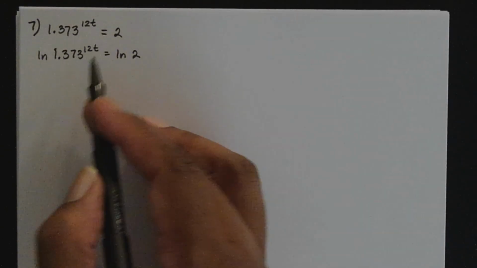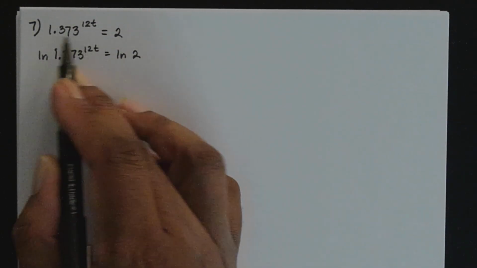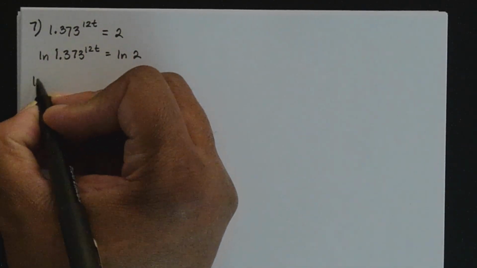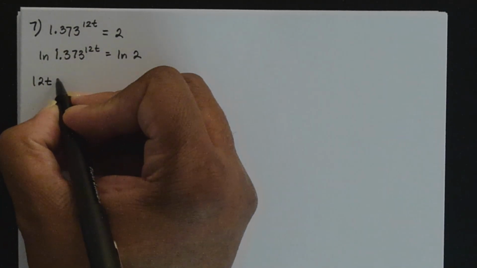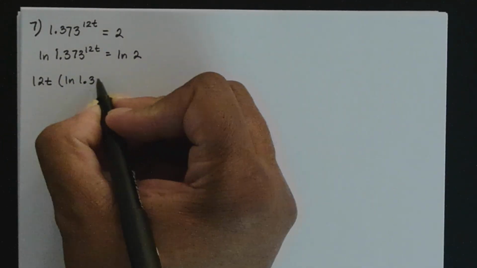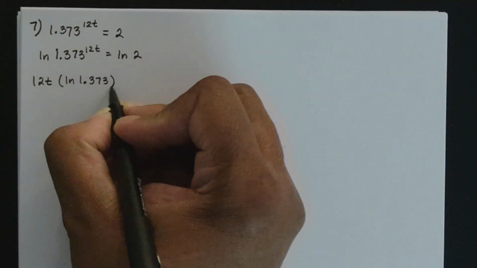Now on the left side, I can use what they call the power rule. And that power rule states I can take this exponent and bring it in front of the natural logarithm. So I'll go ahead and bring the 12t in front of the natural log of 1.373.